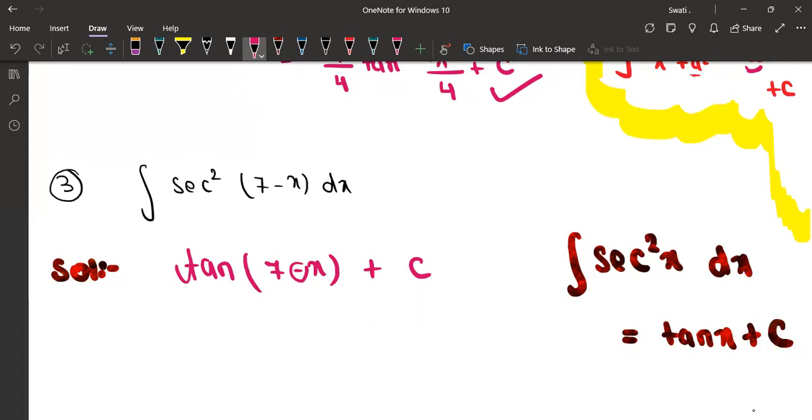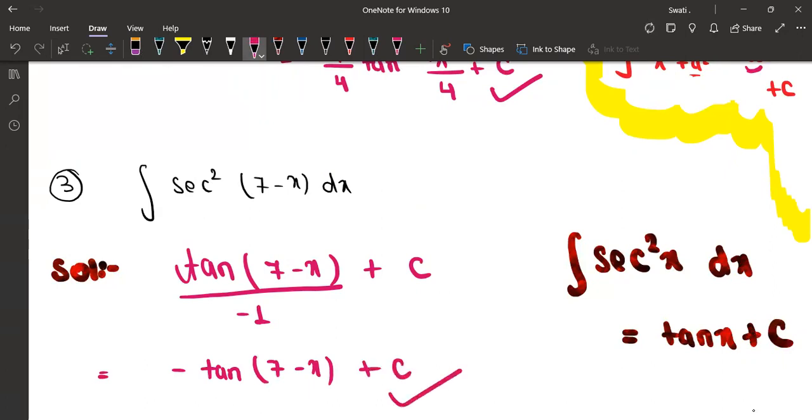Before x, no number is there, which means 1 is hidden, so it is actually minus 1. That will come here as minus 1. If you want, you can also write this simply as minus tan of 7 minus x plus c. And that is our answer.